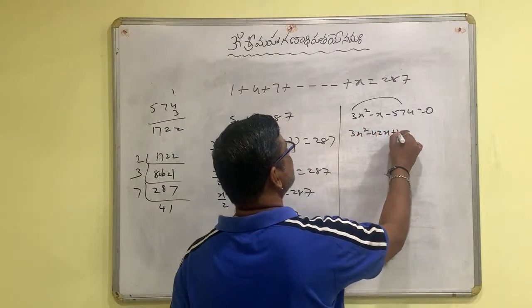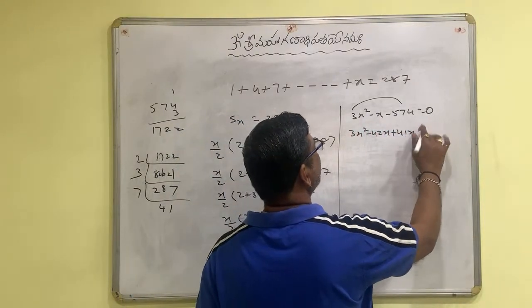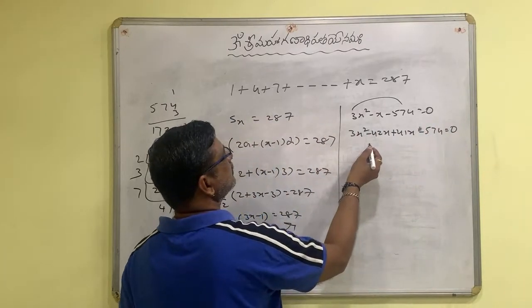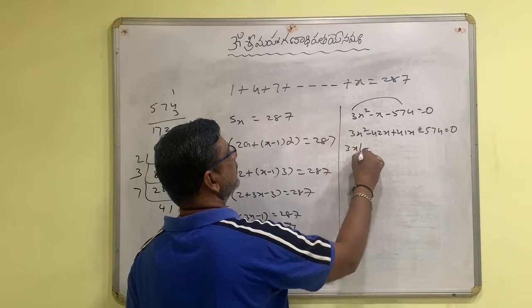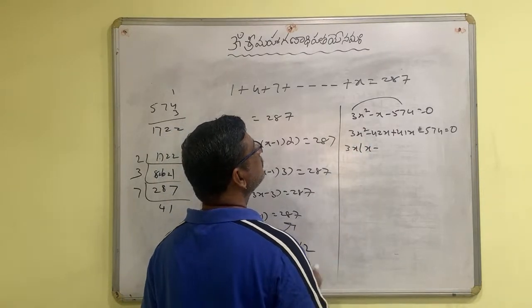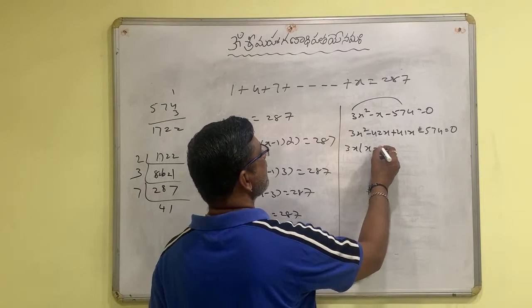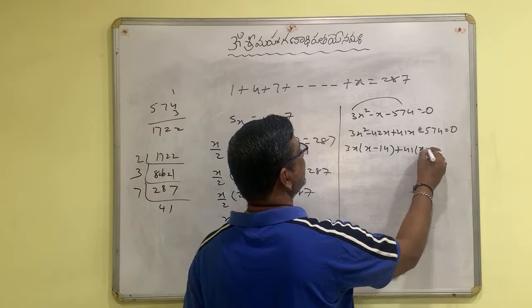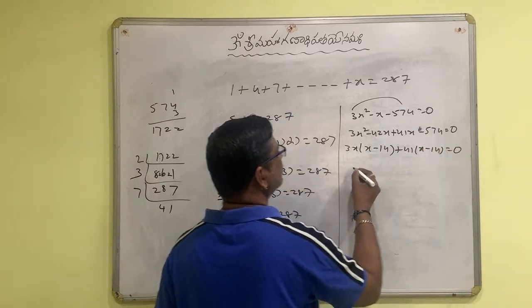3x square minus 42x plus 41x minus 574 is equal to 0. Take 3x common: x minus 14, and 41 common: x minus 14, is equal to 0.